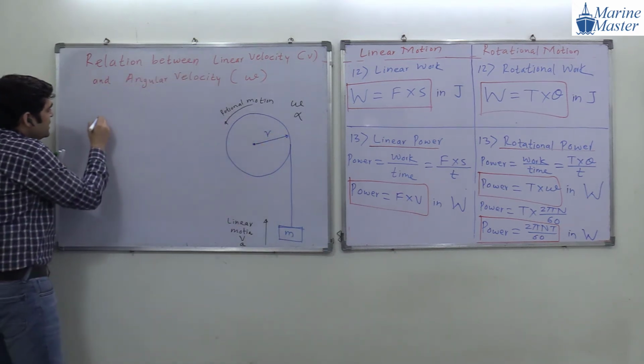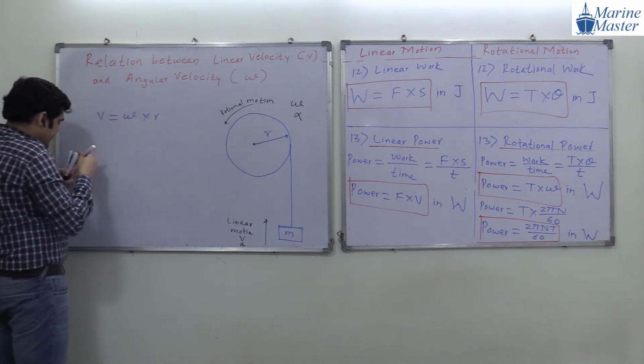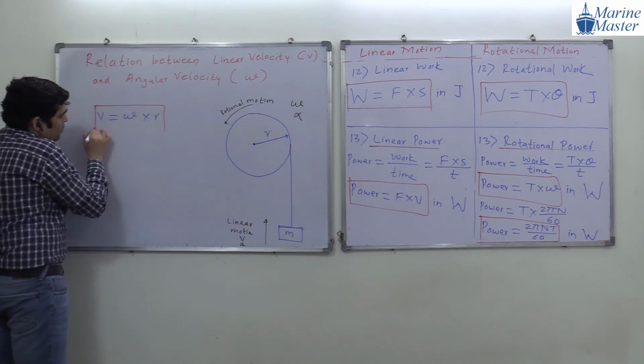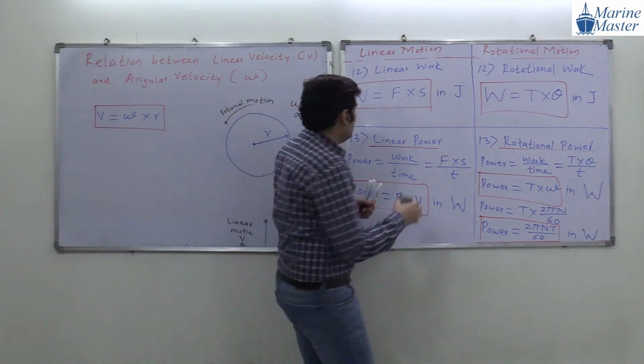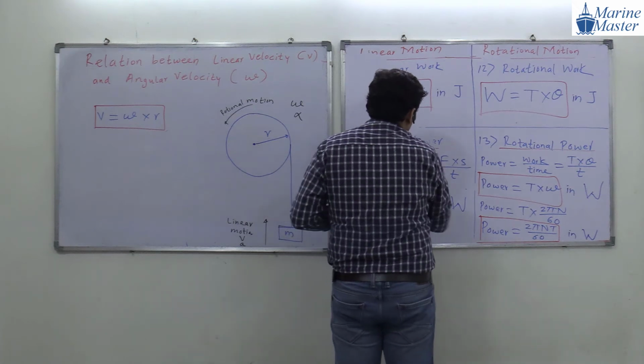So here v, the linear velocity, is equal to omega into radius. V is equal to omega into R. This is the relation between linear velocity and angular velocity.